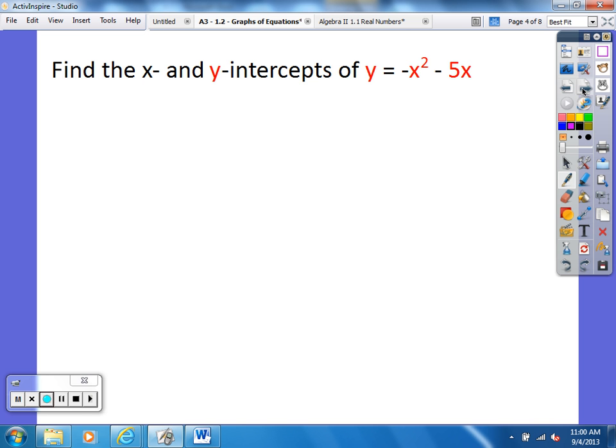How do I find an x-intercept? That is correct. Good job, Trevor. Put 0 in for y.